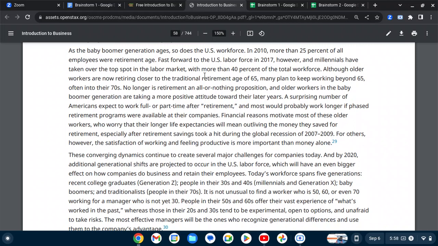Financial reasons motivate most of these older workers, who worry that their longer life expectancies will mean outliving the money they saved for retirement, especially after retirement savings took a hit during the global recession of 2007 to 2009. For others, however, the satisfaction of working and feeling productive is more important than money alone.